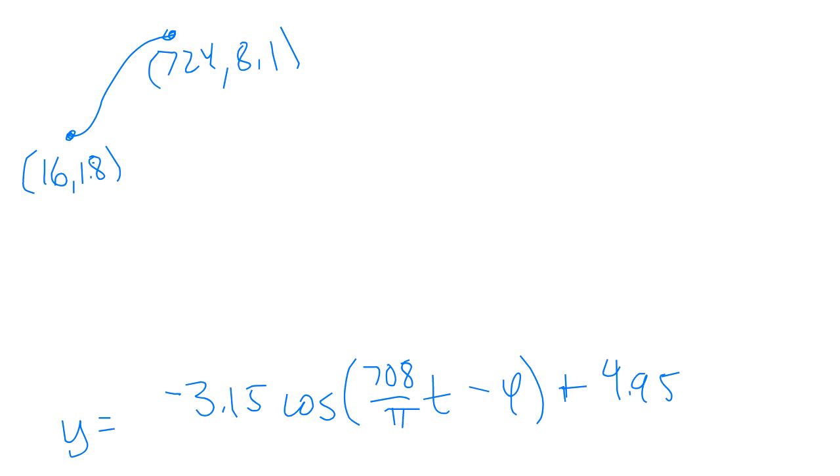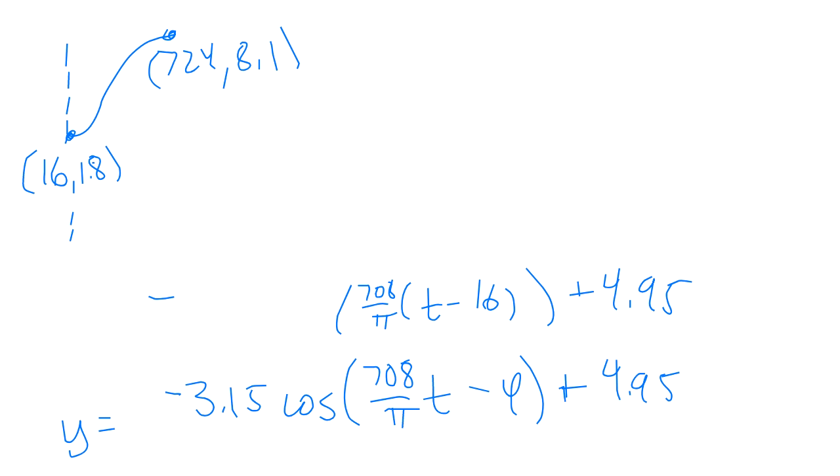So we have a negative cosine curve that would normally start at 0, but instead we have shifted 16 units to the right. So if I actually replace this with the 708 over pi factored out, I can immediately just say this, 16 units to the right shift. And there we have it. There's our function that predicts tidal depth.